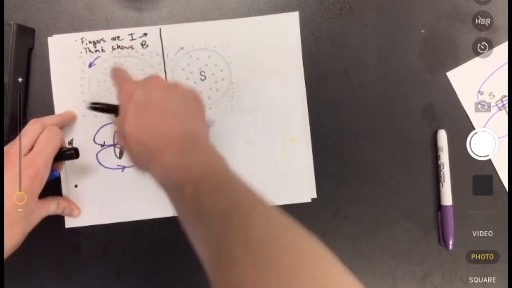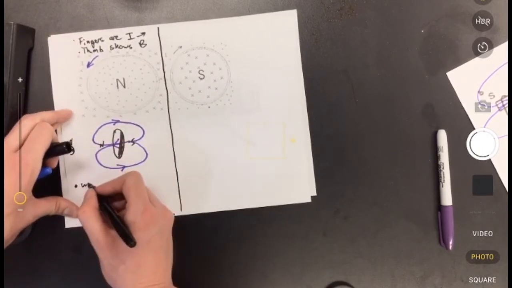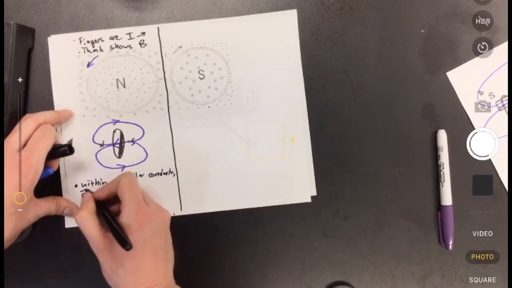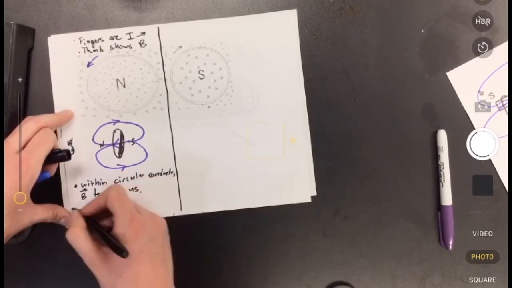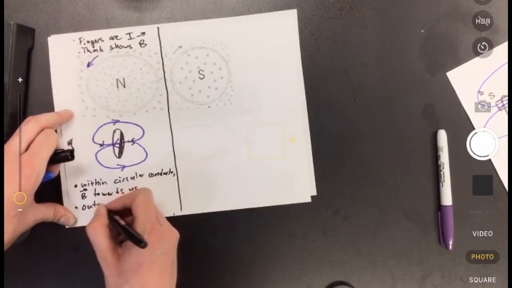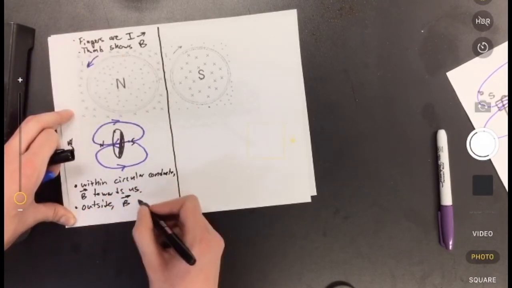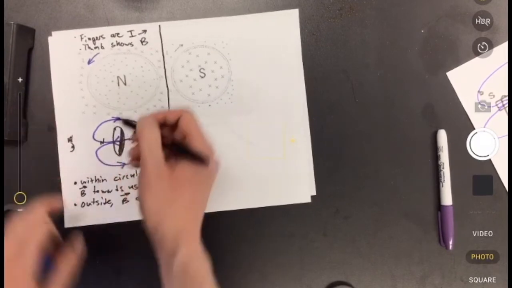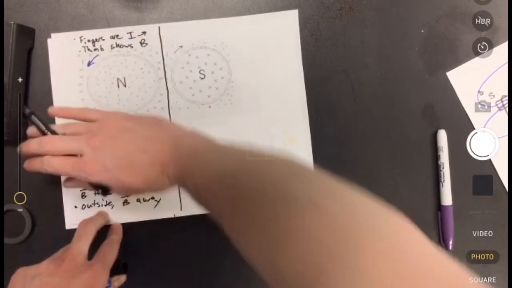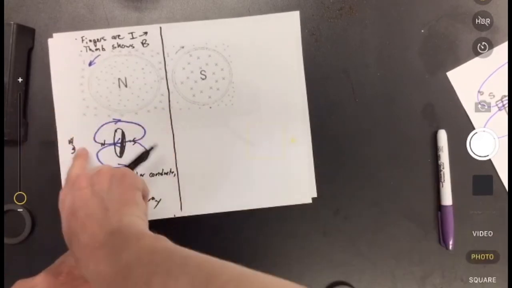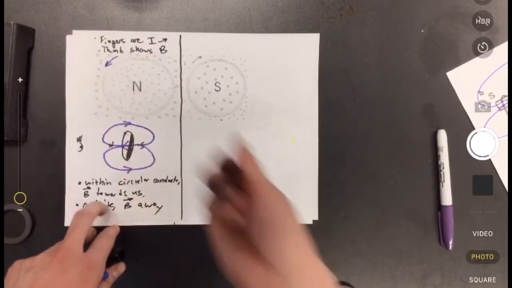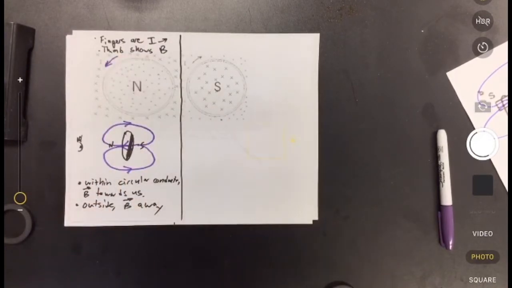Within the circular conductor, B is towards us, but then of course it has to make its way back, so outside, B is away, just like we've drawn here. So this is two views of the same scenario. When you're looking at this one, you're you, and this is a side view of you looking at this one. You're seeing towards you in the middle, away from you outside.